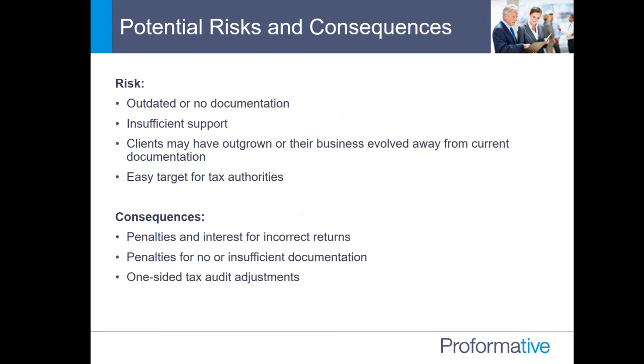And generally, if a tax authority comes knocking at your door and asks for documentation, and you can provide documentation in a timely manner, those tax authorities will be grateful and may just go away, which is fundamentally what most taxpayers would prefer. What's the consequences of not having sufficient documentation?